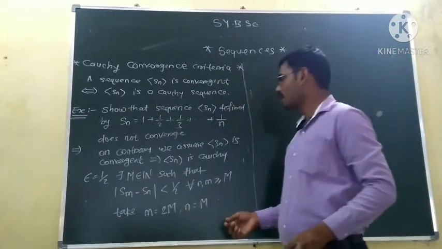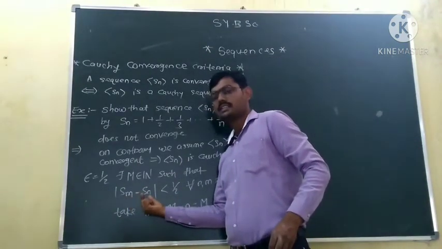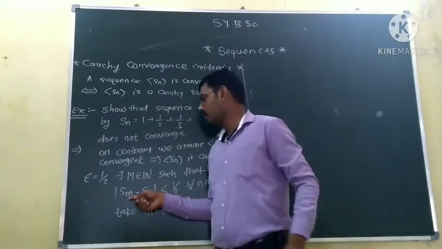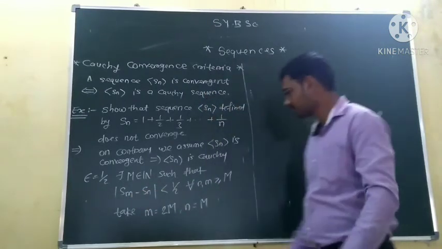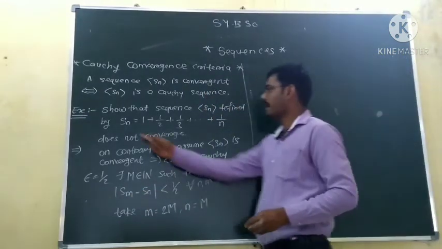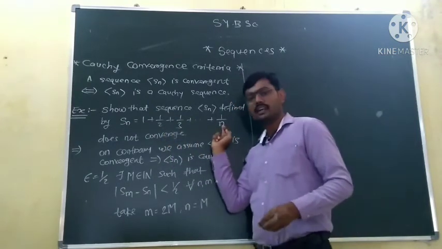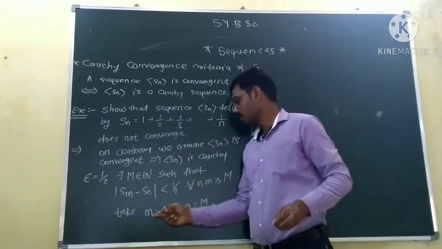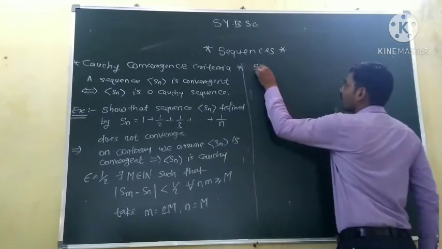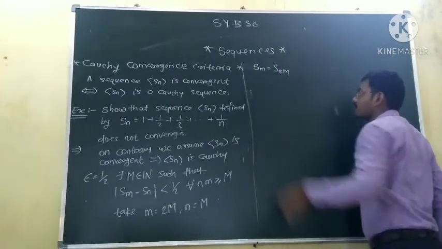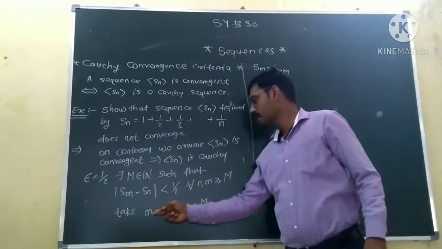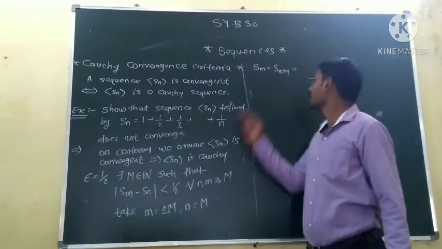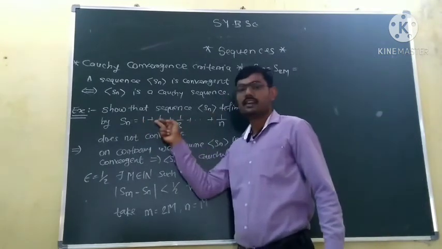Now we will take the difference between Sm and Sn for these values of m and n. Before that, we will calculate what Sm and Sn are. Sn contains n terms. So we have Sm equal to S2M, because we are using m equal to twice M, and the term S2M will contain twice M terms, because Sn contains n terms.